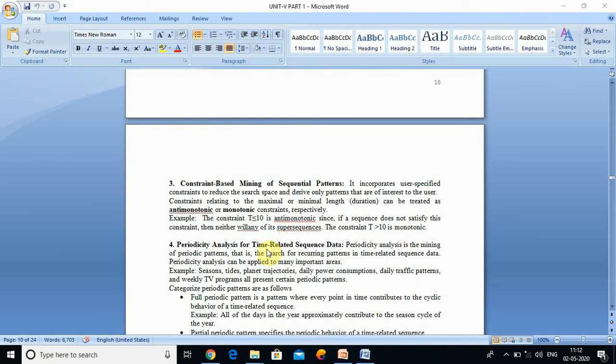It incorporates user specified constraints to reduce the search space and derive only patterns that are of interest to the user. Constraints related to the maximal or minimal length can be treated as anti-monotonic and monotonic constraints respectively.